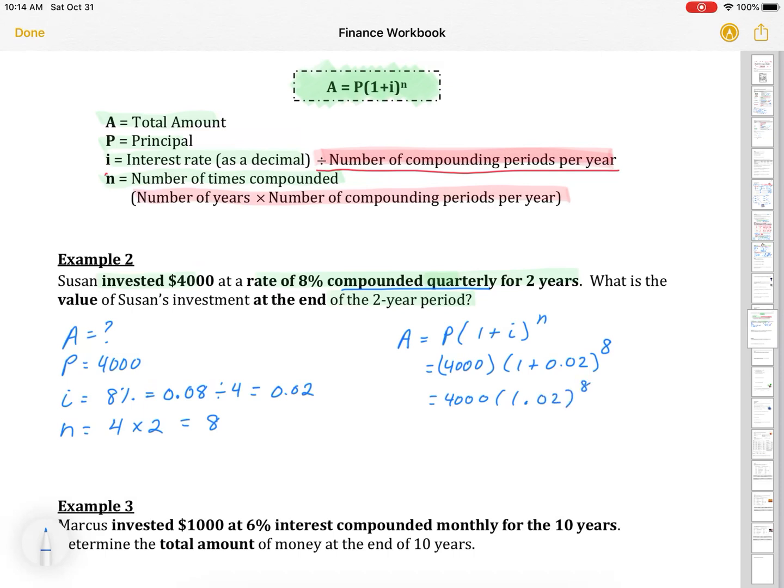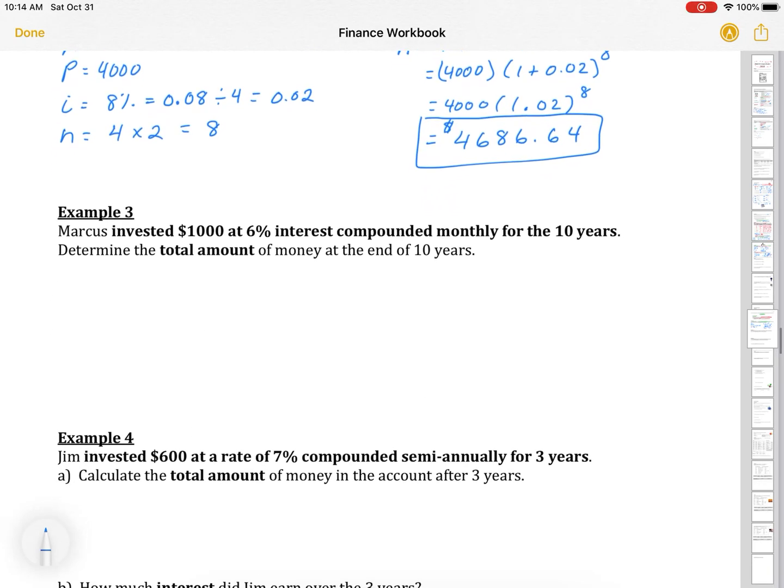And I put that in my calculator, and I get $4,686.64. Okay? And that's the total amount. Now, if I wanted to figure out how much interest, I would just subtract 4,000 from that. But it hasn't asked me to do that. It just wants the value of the investment.